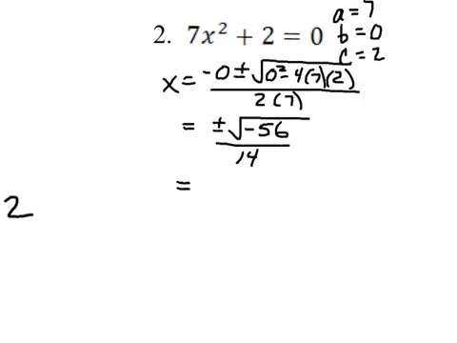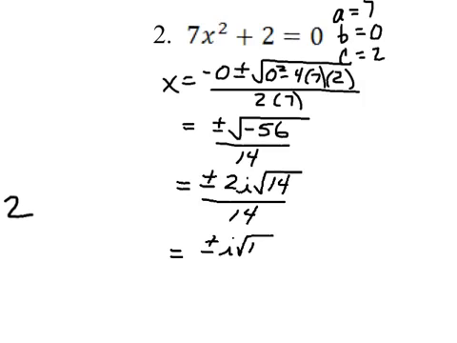The square root of negative 56 ends up being 2 root 2i root 14 all over 14, which we can simplify to plus or minus i root 14 over 7. And there you go. Nothing too terribly difficult.